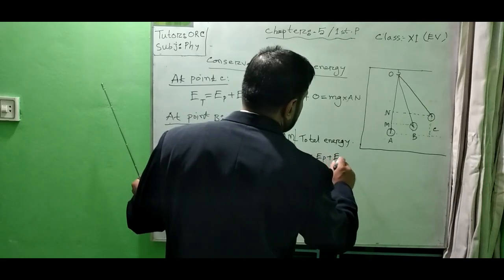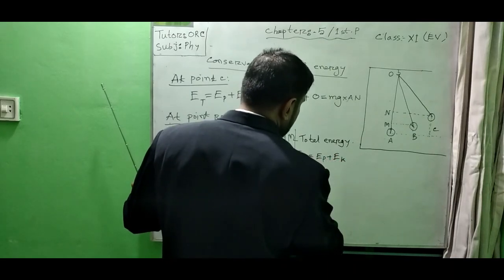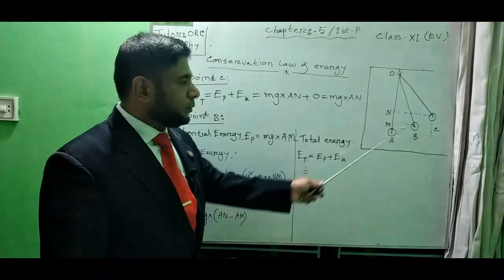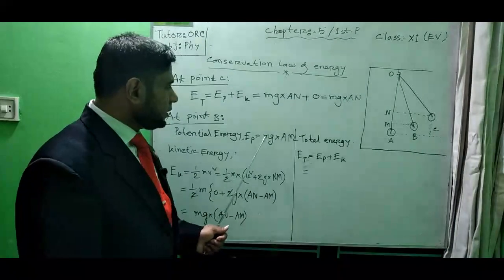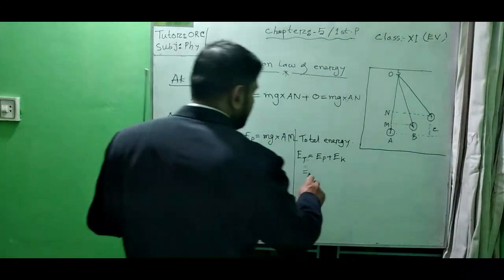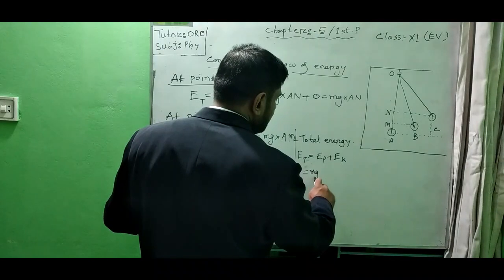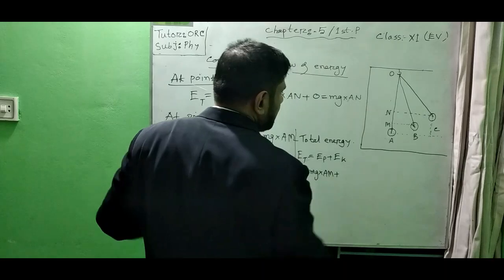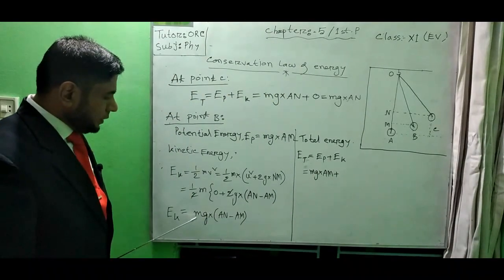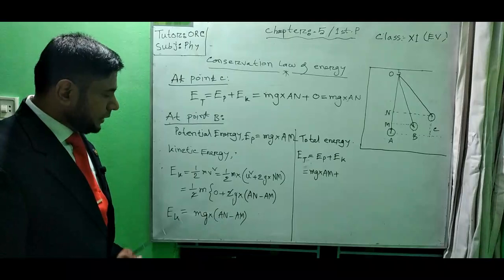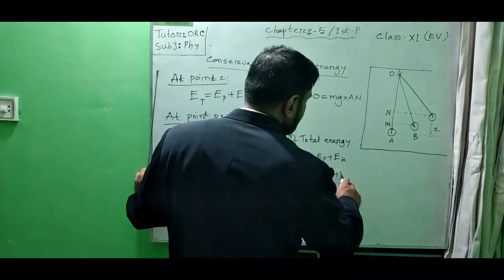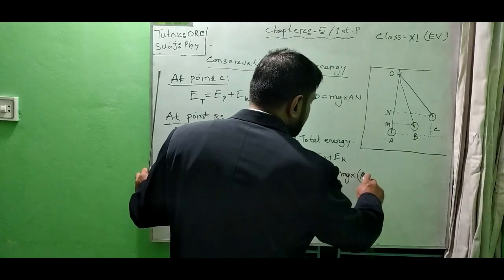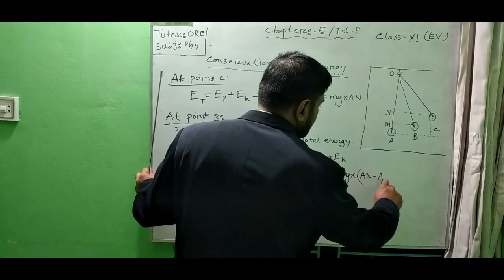So let us put the values at point B. The value of the potential energy was mg into AM, and the value of kinetic energy was mg whole into AN minus AM.